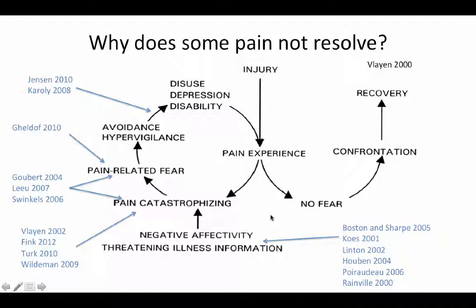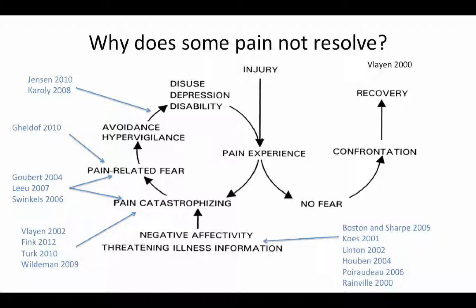So we need to make sure that we're not using words that are going to cause catastrophizing over their pain, thinking, oh, this is never going to go away, my pain is the worst, which leads into pain-related fear. That is another place where we can insert some influence or intervention with our pain neuroscience education, decreasing fear, in that pain doesn't mean you're doing any damage to any of your tissues. So we can avoid this whole loop on the left, or we can try to break somebody out of it.